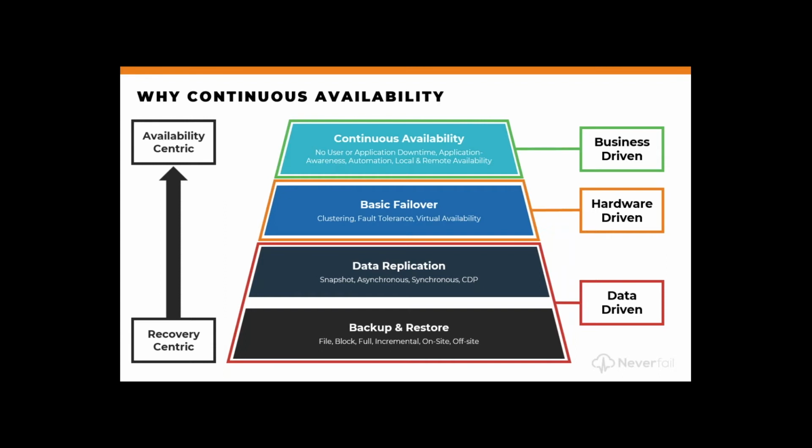So continuous availability is typically driven by application awareness and being able to see what's happening inside that application server at multiple different layers. So we're talking about the network layer, the physical hardware or the virtual hardware layer, the operating system, looking inside the application itself and seeing its performance and whether its services are available, or even if the application from a user perspective is actually accessible.